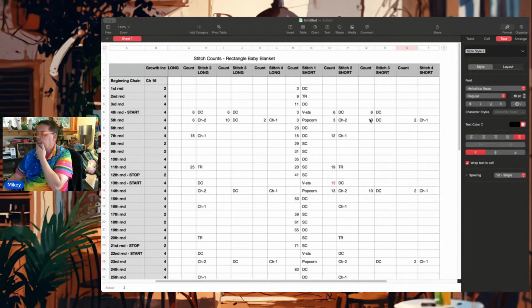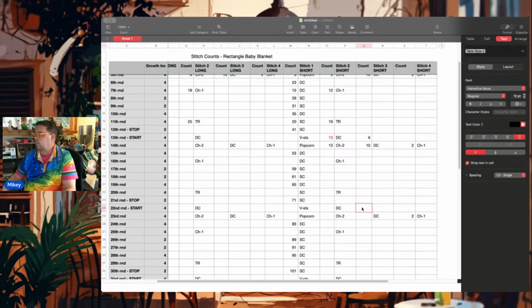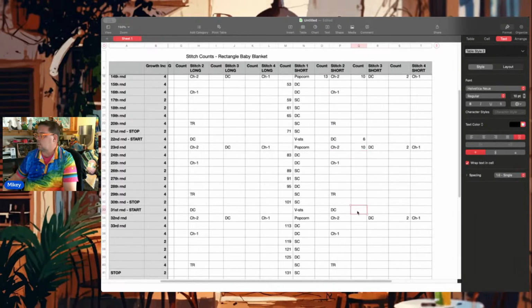And there's always going to be 10. 6 and 10. Six, 10, 6, and 10.